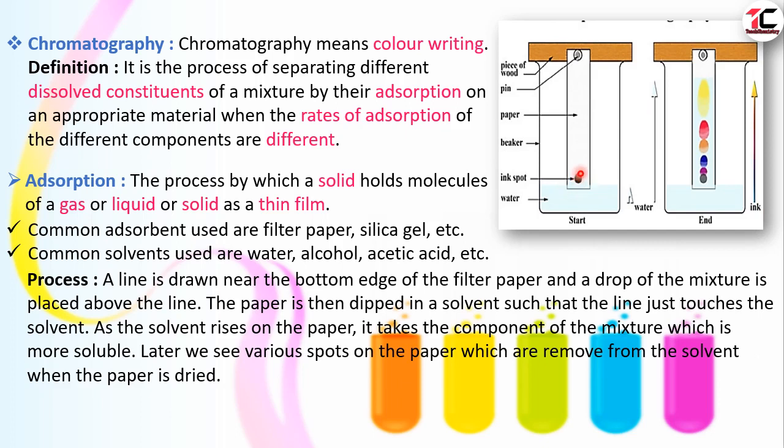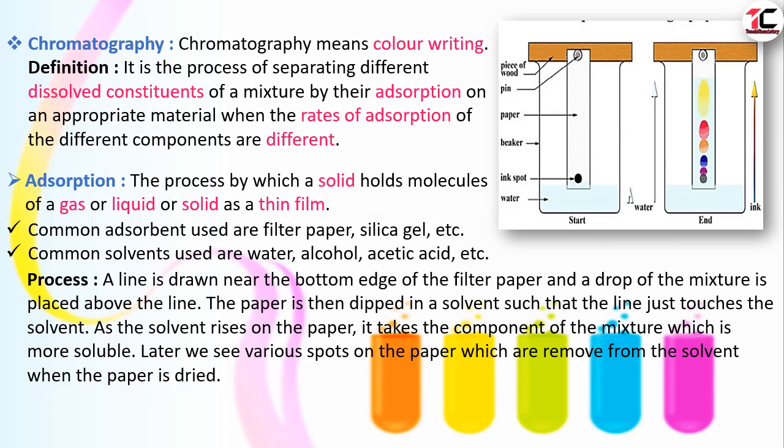Slowly the water molecules will come up and dissolve the constituents of the ink. The constituent which is more soluble will come first, the second next, and later the other constituents. When we dry the paper, we get the different constituents separately.